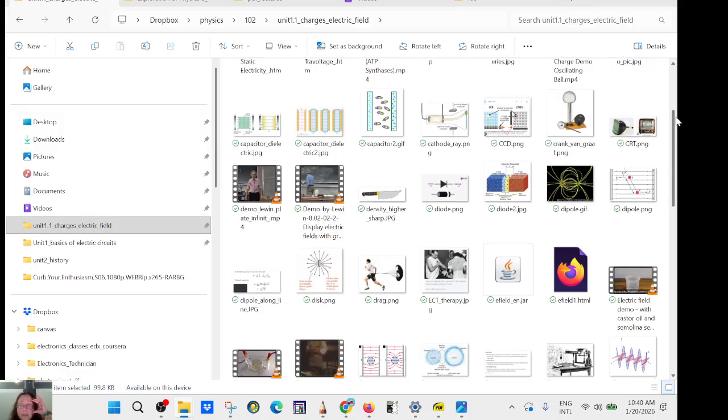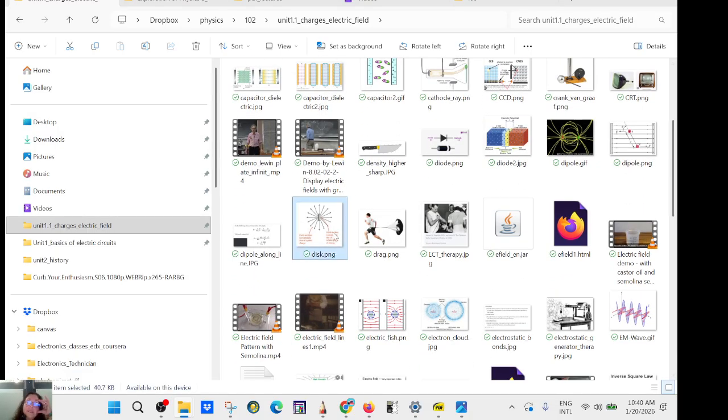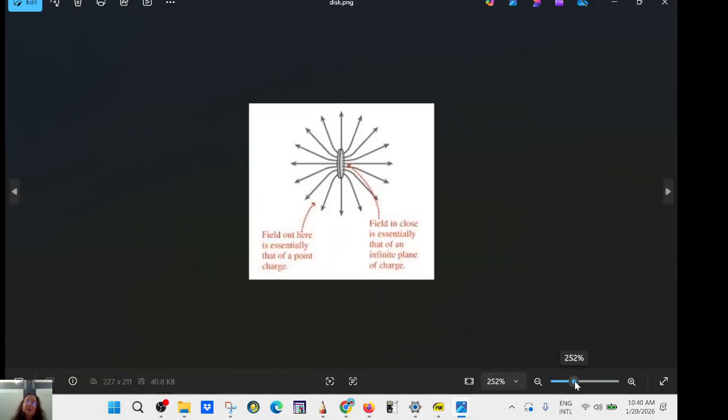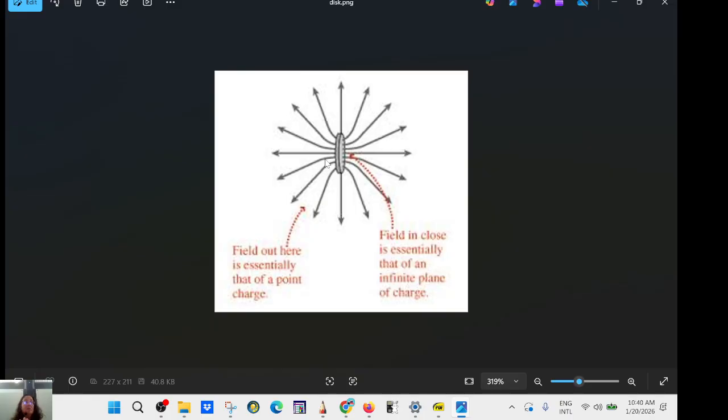This is the disk. So that's what it looks like. So you have a charged disk. You already have charge on it. So it's going to be a source for an electric field. And you have to use calculus to find the direction and the magnitude of the electric field at each single point in space.